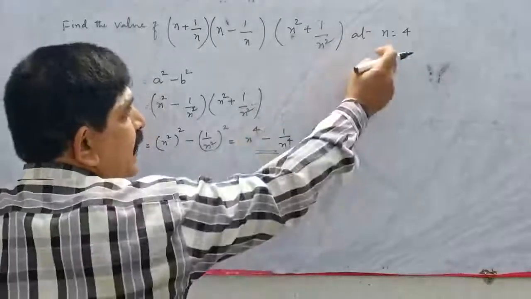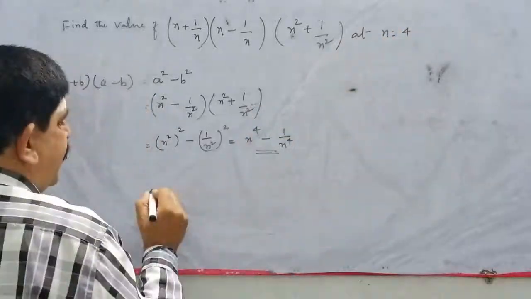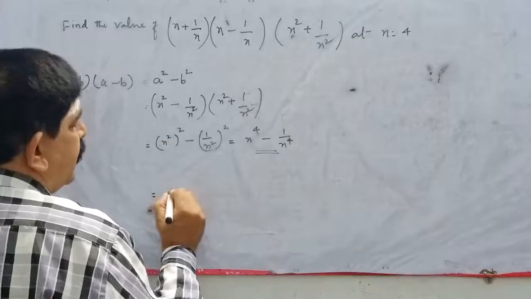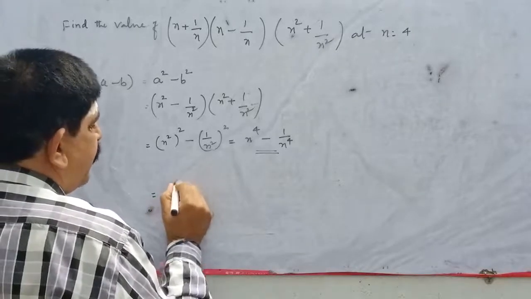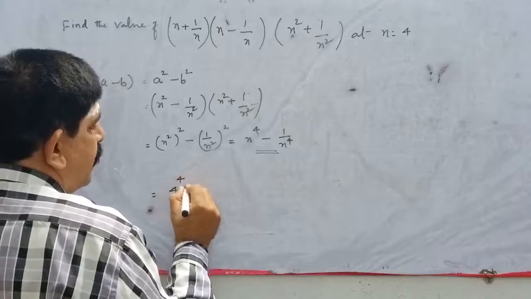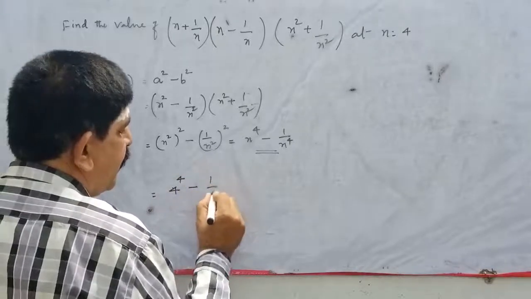Next, at n is equal to 4, we get 4 to the power of 4 minus 1 by 4 to the power of 4.